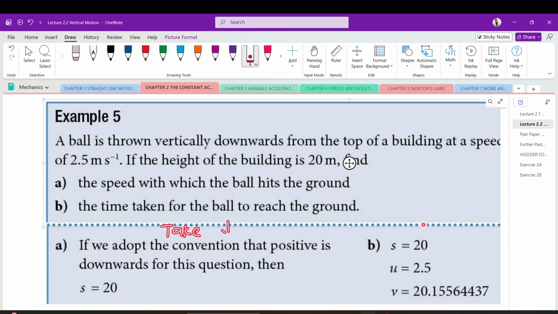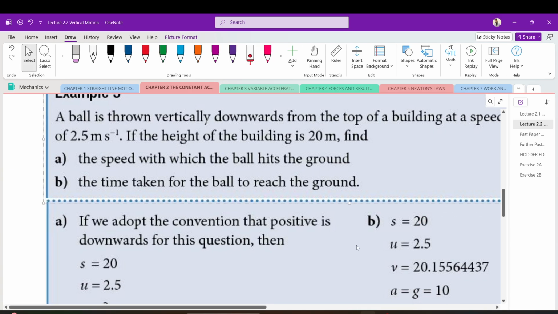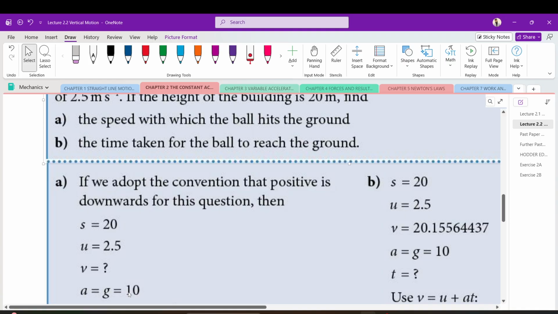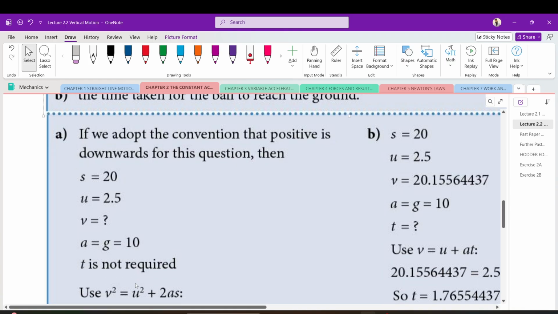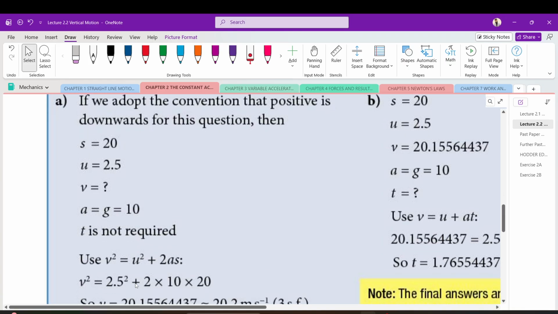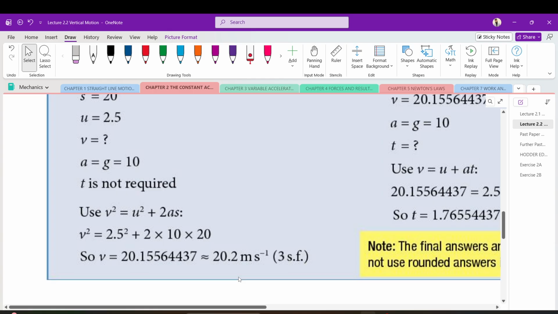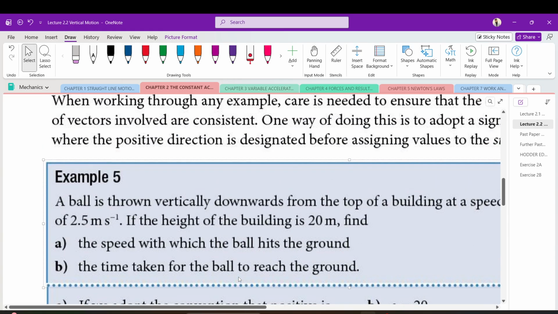So S will be 20, u is 2.5, v is what we need to find, and acceleration will be 10. So you can use v squared equals u squared plus 2as, and therefore your answer will be 20.2 meters per second to 3SF.